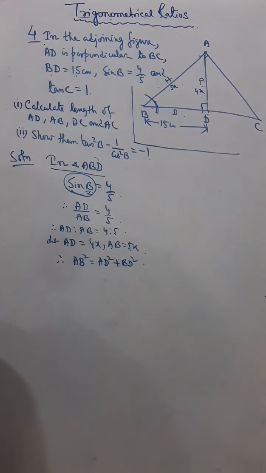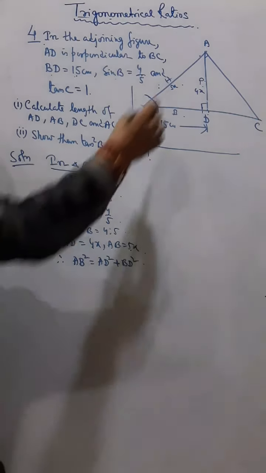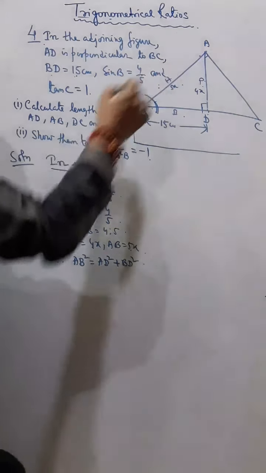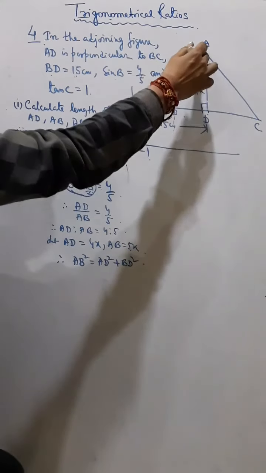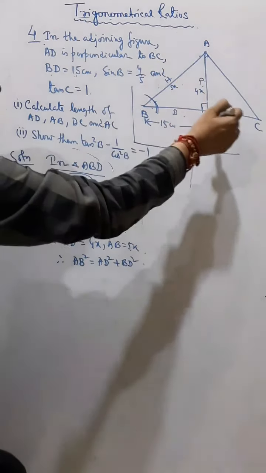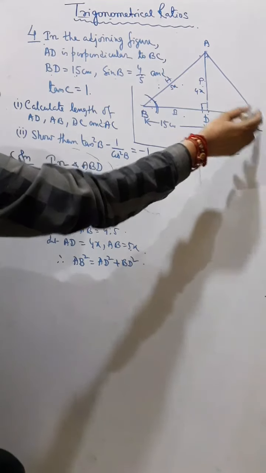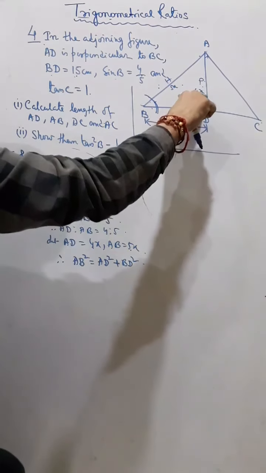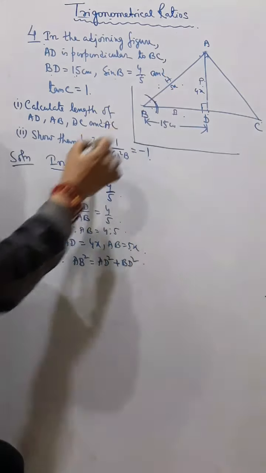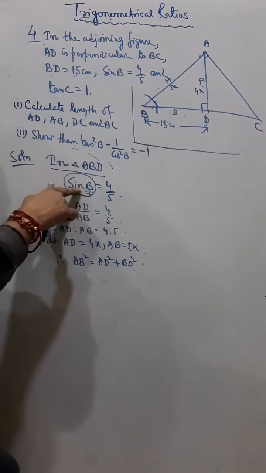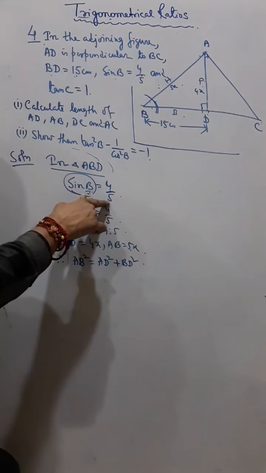But this is only when we are doing this part in triangle ABD. When we go to ADC, then AD may not be 4x, because it is with respect to ABD that sine B is 4 by 5.